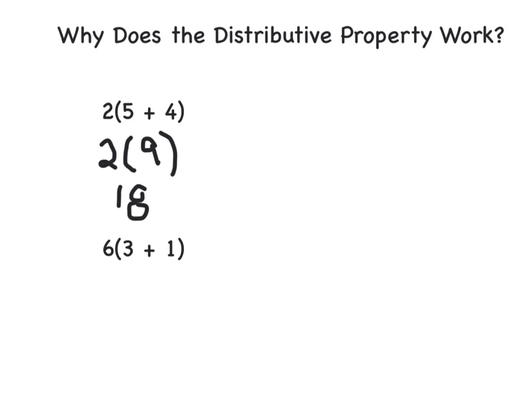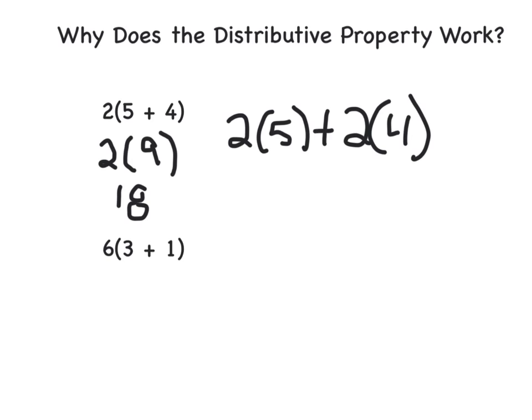So my question is, what would happen if I multiplied the 2 times the 5 and the 2 times the 4? Since the 2 means to multiply, and it wants to multiply everything inside the parentheses. So let's see if it would work if I rewrote this as 2 times 5 plus 2 times 4.